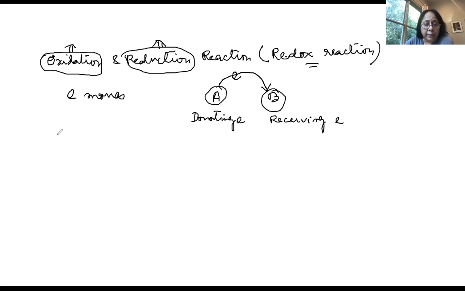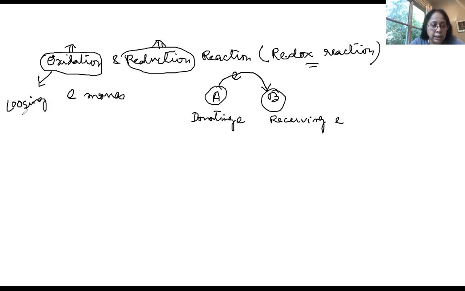Now, if we go by the definition, oxidation means losing the electron. So when one atom loses electron, that process is called oxidation. Reduction is when one atom gains electron, then that process is called reduction.